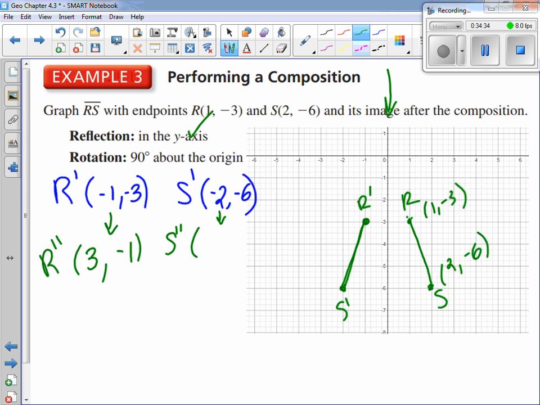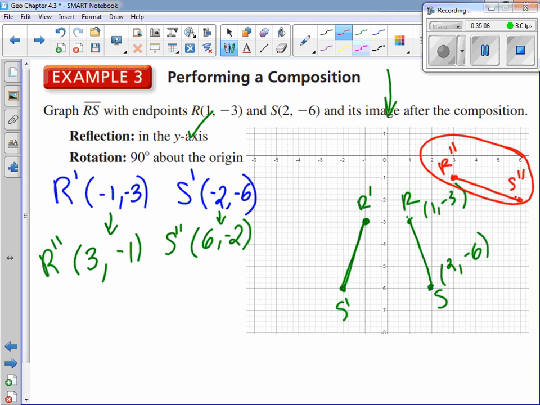We do the same thing for S. So the negative 6 comes up front and becomes positive. So our new line is going to be at 3, negative 1, and 6. So that's our final location.